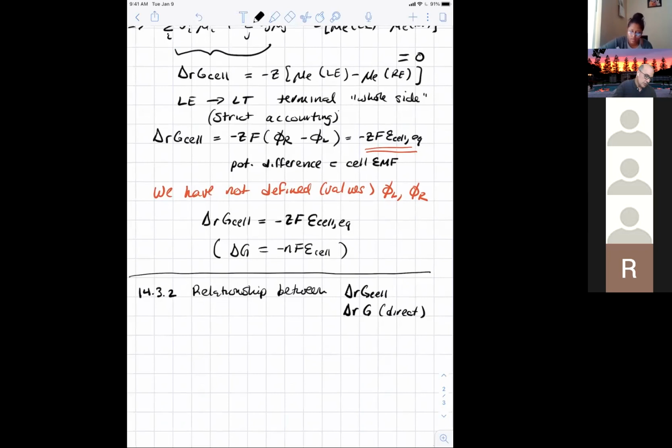So what we're going to do is we're going to compare a cell setup. And we have to think of a cell. So let's think about the Daniel cell, which is in figure 14.2, for example. So we're going to compare this cell with a direct reaction.